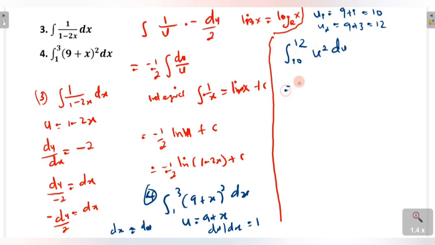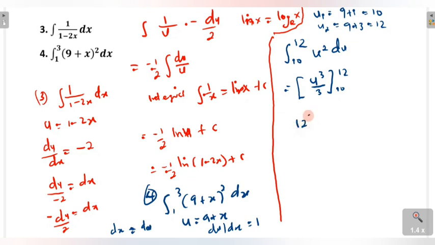This is a definite integral, so we integrate it separately from the ones we have been doing by adding c, which is a constant. This time we're not going to add a constant. So this is going to be u, when you add 1 to the power, that's u cubed divided by 3, from 10 to 12. So we just input 12.